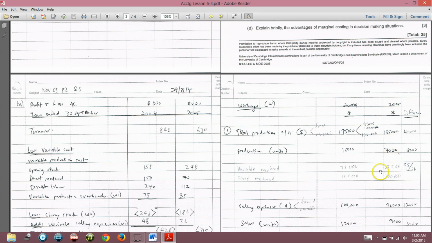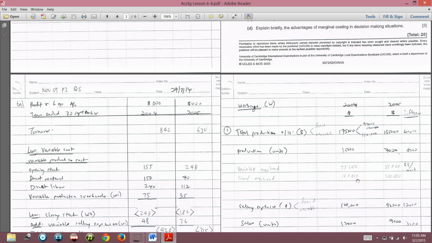Production is 7,000 units, so variable overhead will be 35,000. The ink is quite light here, so in the exam make sure you use a darker ink. Then in 2004 the variable production overhead will be $5 times 15,000, which is 75,000. So 75,000 is variable. How much is fixed? Fixed production overhead is 100,000.